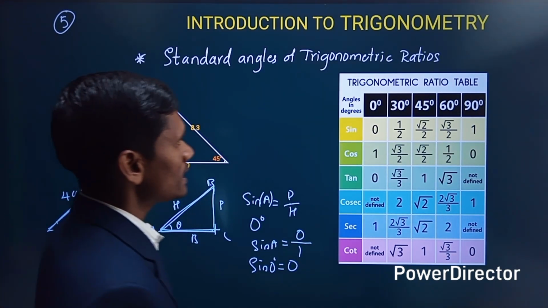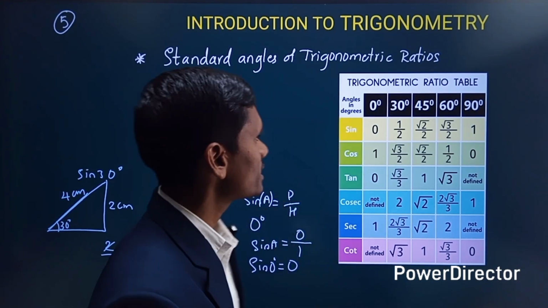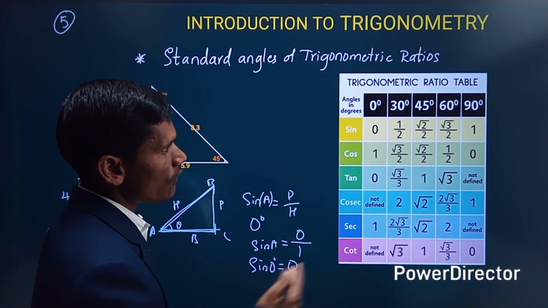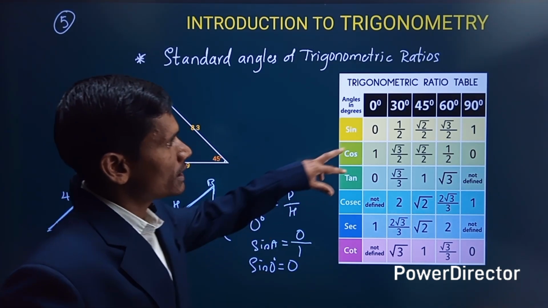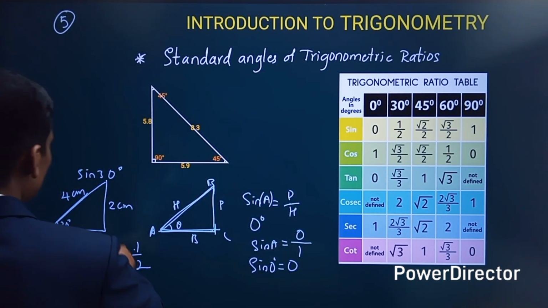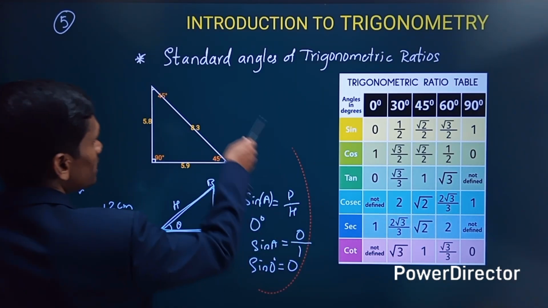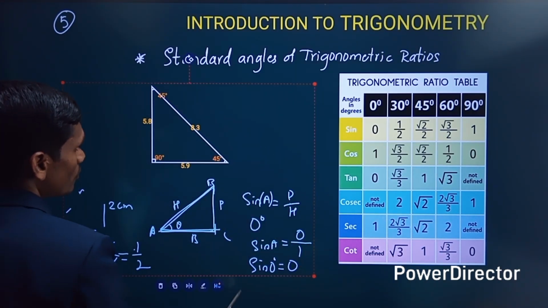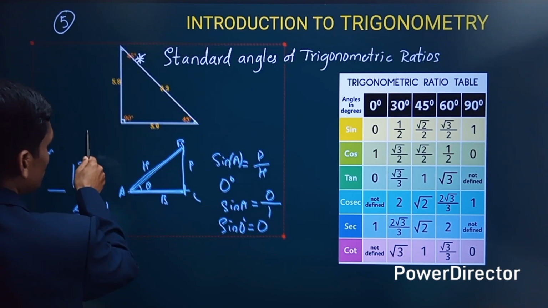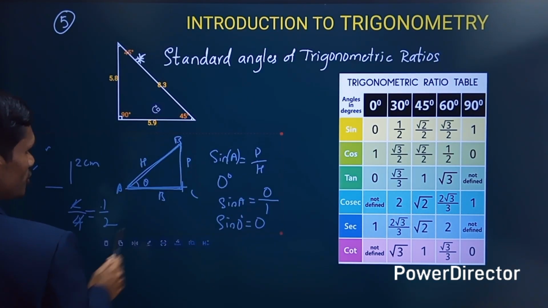So these are fixed trigonometric ratios for standard angles, which are very often used: 0 degree, 30 degree, 45 degree, 60 degree, 90 degree. You don't need to memorize all these things, you can find some shortcuts.